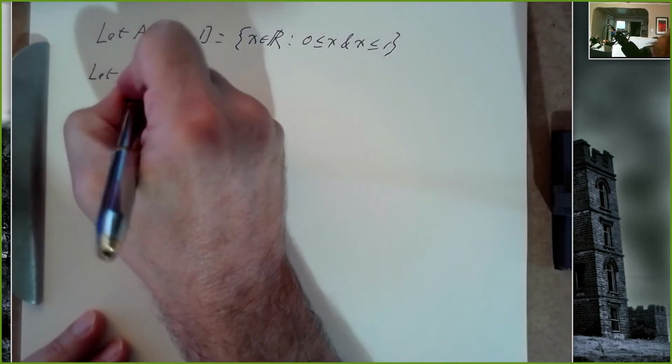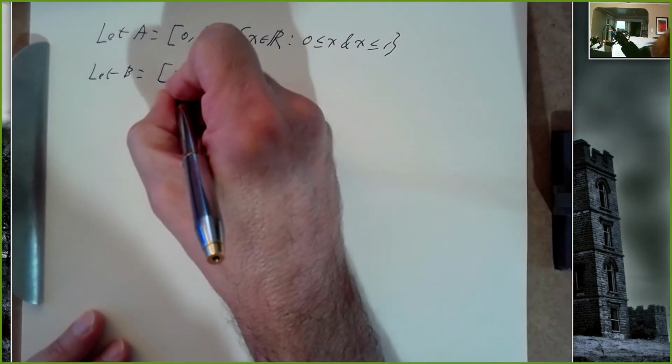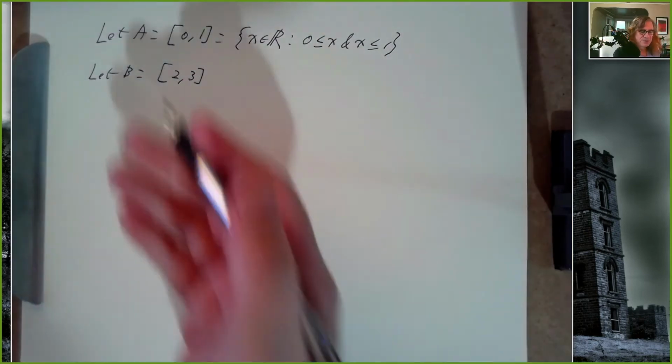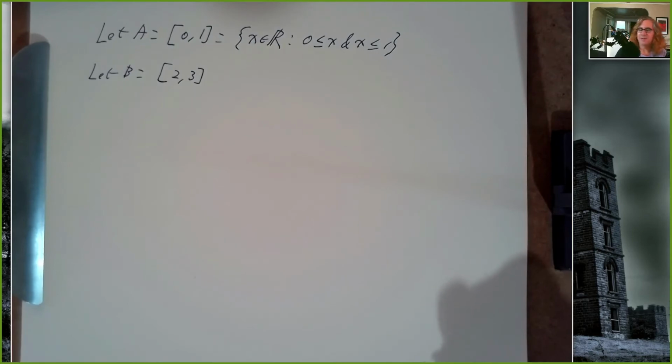And let B be the real interval 2, comma 3. So the set of all real numbers bigger than or equal to 2 and less than or equal to 3.